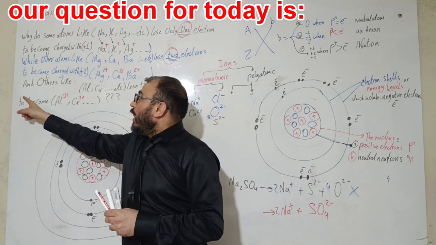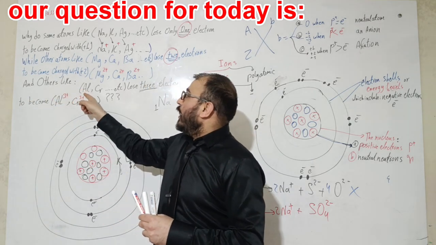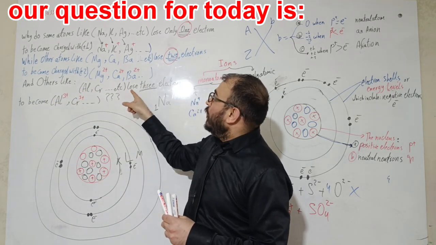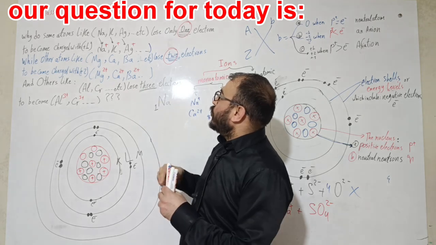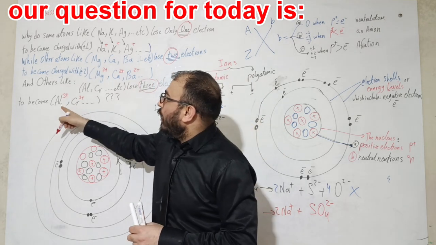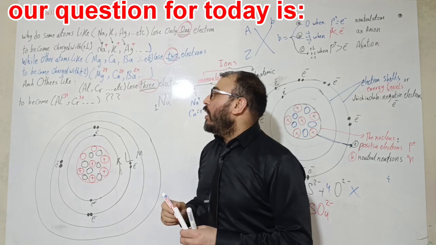Finally, others like aluminum and chrome lose 3 electrons to become aluminum +3 and chrome +3.